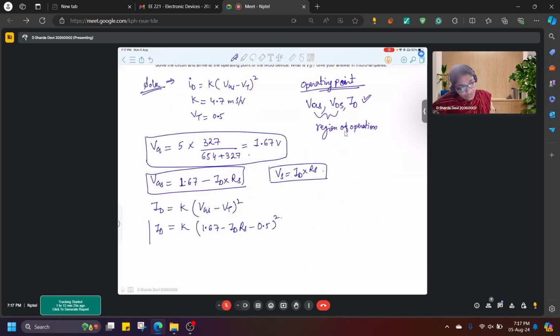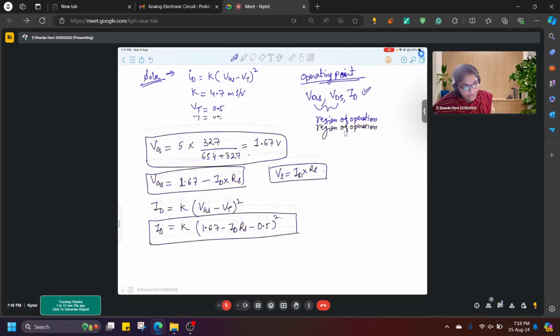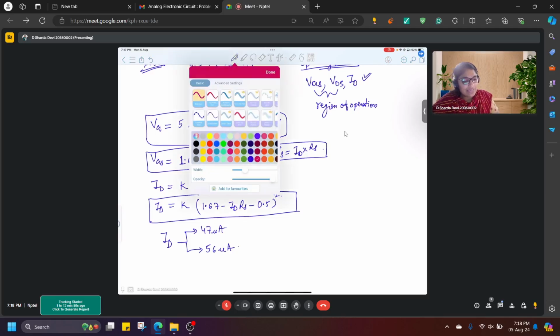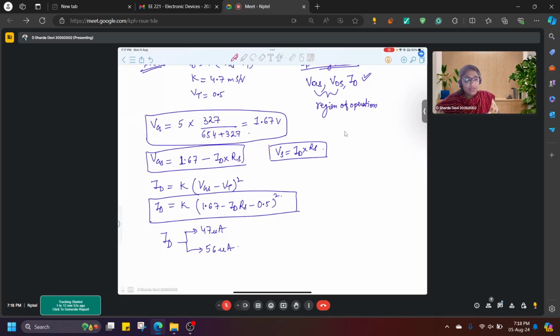So again we need to solve this quadratic equation. After solving the quadratic equation, we will again find two current values. One value is 47 microampere and the other value turns out to be 56 microampere. Out of these two, one value is correct that we have to find out.